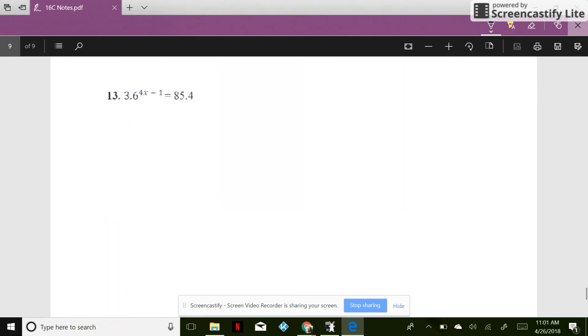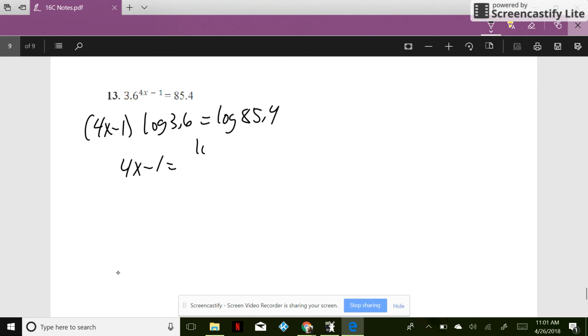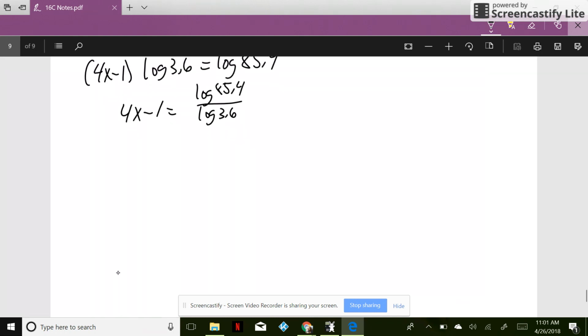All right, last one here. Same process. Take a log of both sides. Now we can bring that power outside. And then we're going to divide. We're going to add the 1.